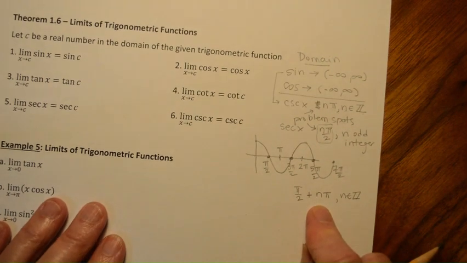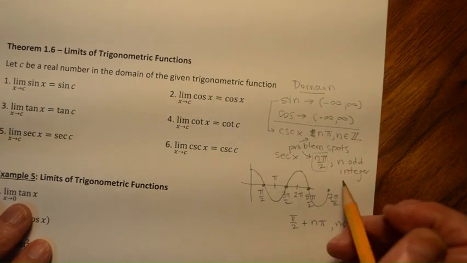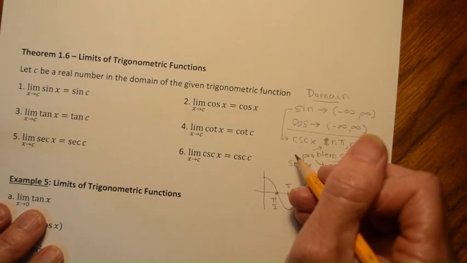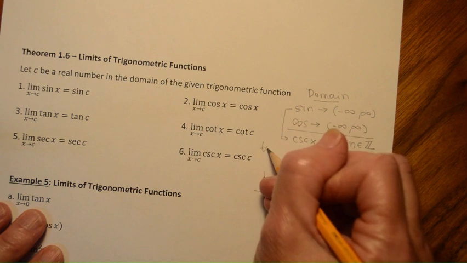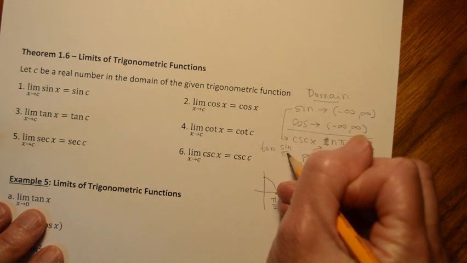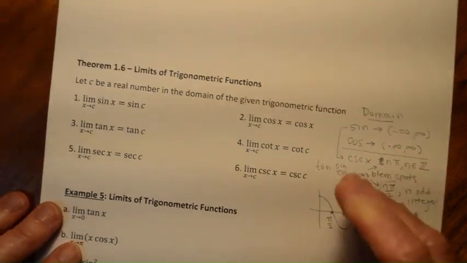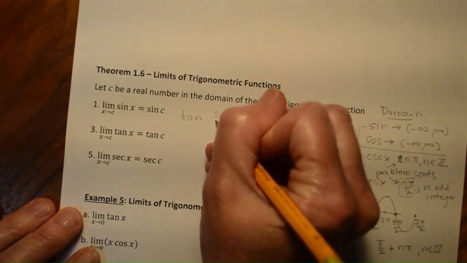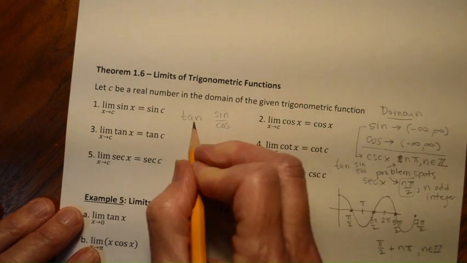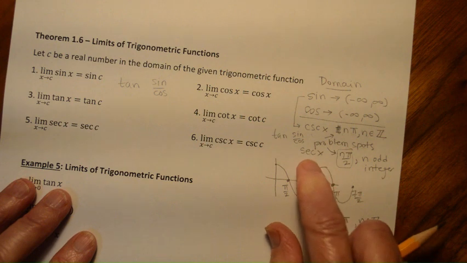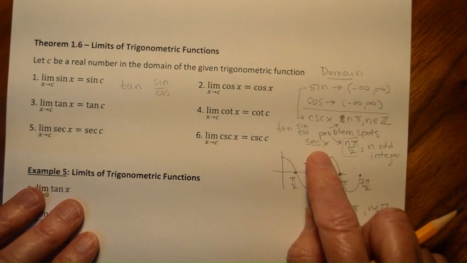Okay, after that, the other two are not going to be any different, because remember, tangent is just sine over cosine. Boy, this is really smushy. How about I write it in here? Tangent is sine over cosine. So tangent is going to have the same problem spots as secant would, because that is where we end up with a cosine in the denominator.